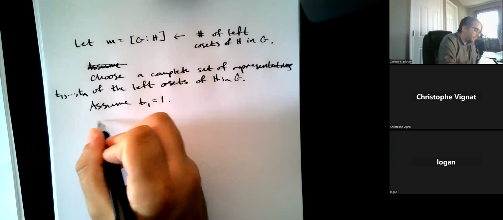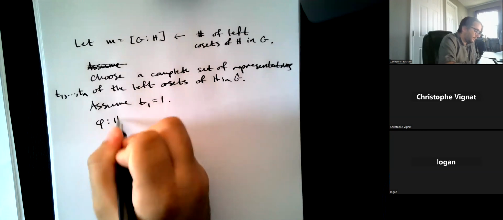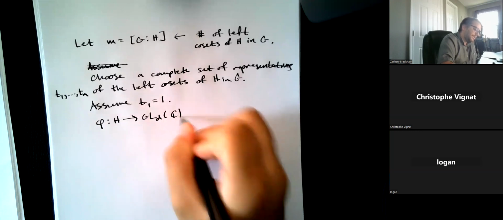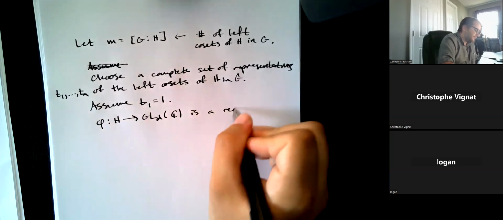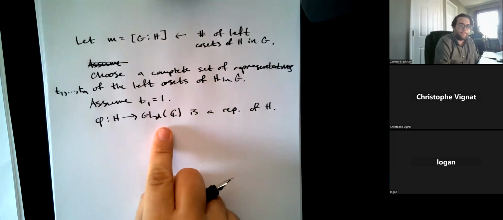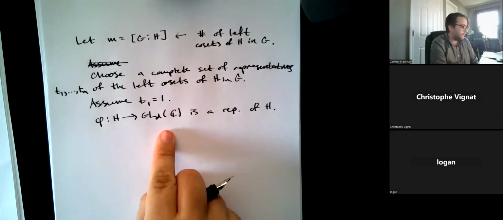Suppose phi from H to GL_d(C) is a representation of H. Notice we're thinking of the representation in terms of matrices now.